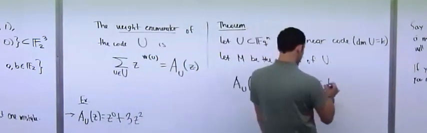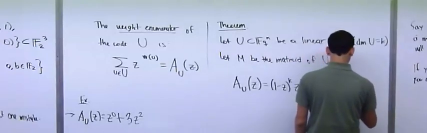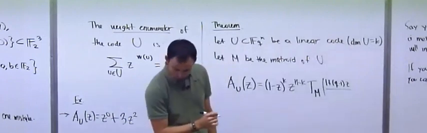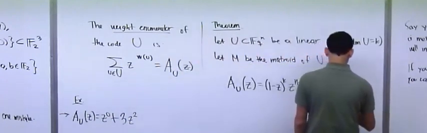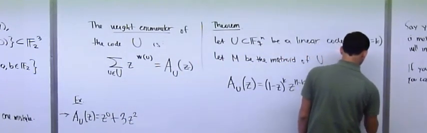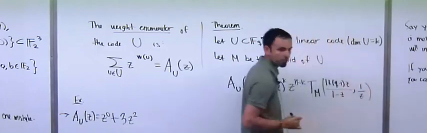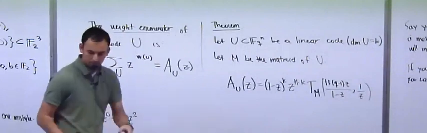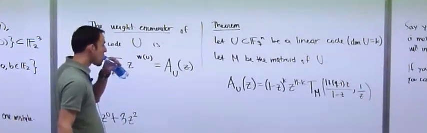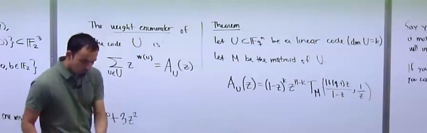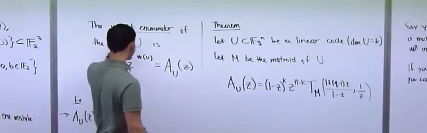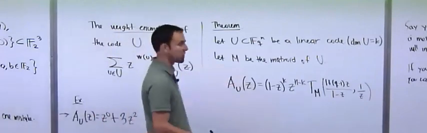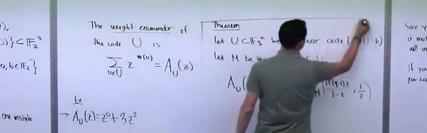And what you get is 1 plus (q minus 1)z over 1 minus z, comma 1 over z. In other words, the problem of computing weight enumerators is a sub-problem of the problem of computing Tutte polynomials.